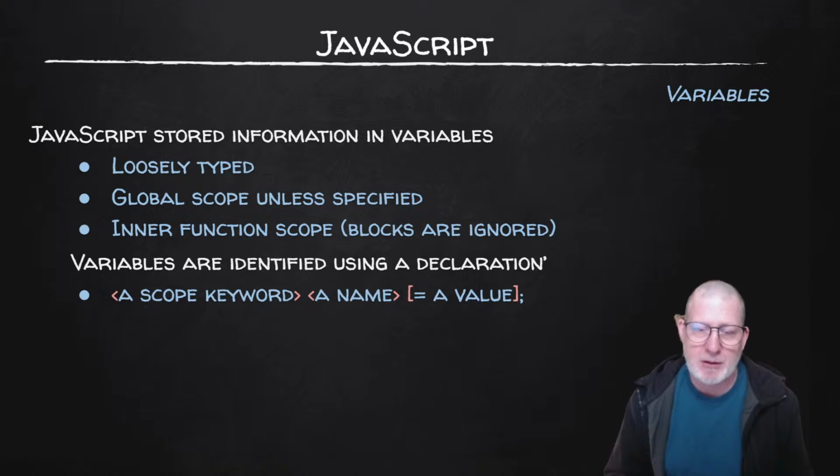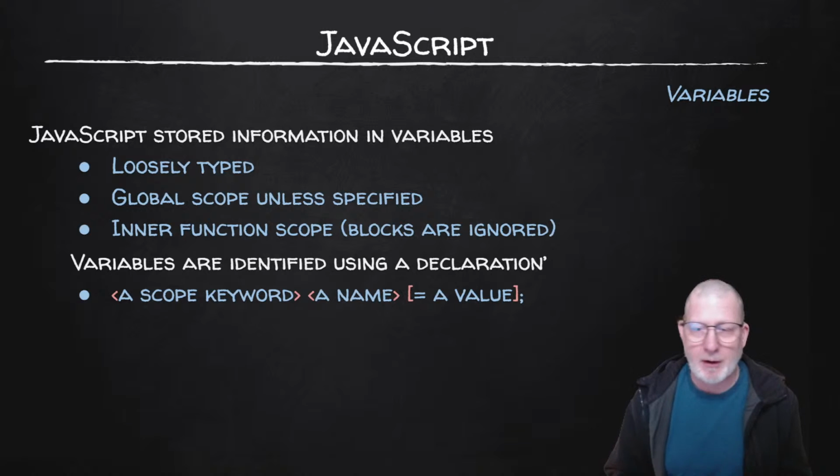In programming languages like C#, if you declare a variable inside some curly brackets, those curly brackets define a block, and that variable no longer exists outside that block. That is not the case with JavaScript. Those variables exist all the way out to a function, unless we use a very special keyword to describe them. So my recommendation is to get used to using that keyword all the time.